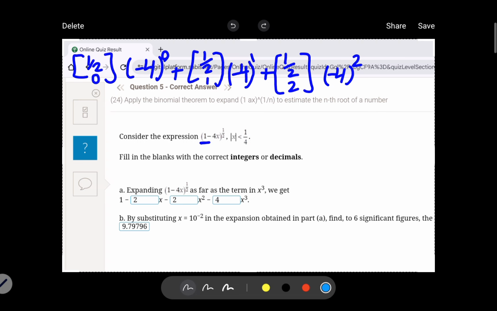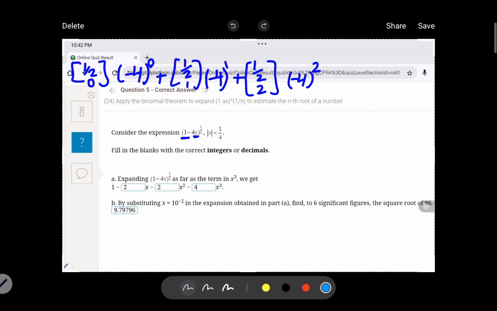How do you know to stop? Look, here it's x, so it has to be, here it says to the power of 3, and also here it said term x to the power of 3, so just go on until it's to the power of 3. So just one more time, 1 over 2 choose 3, negative 4 to the power of 3.